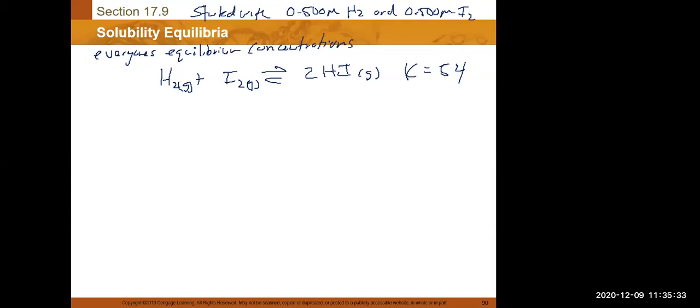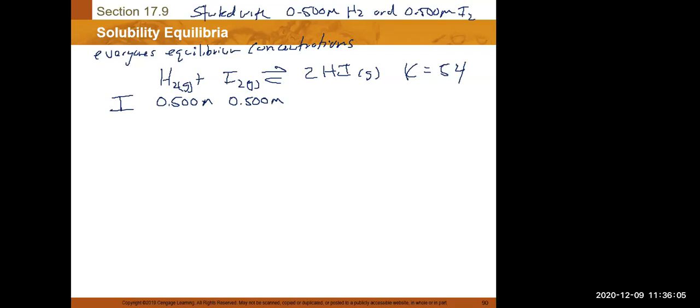So the numbers that we're given are not equilibrium concentrations, they're initial concentrations. And the goal here is we want to figure out what is the equilibrium concentration of everybody. This is definitely a situation where you would want to use an ICE table. We would take our initial, and in this case, we do have an initial concentration of H2 as 0.5 molar, and I2, which is 0.5 molar.